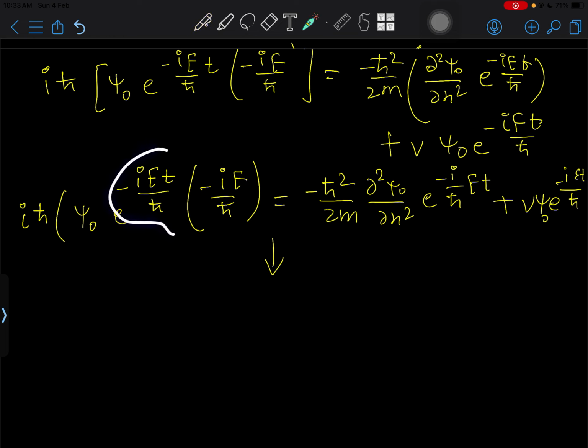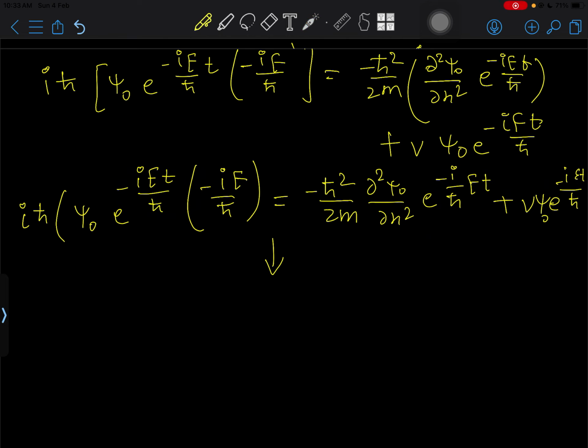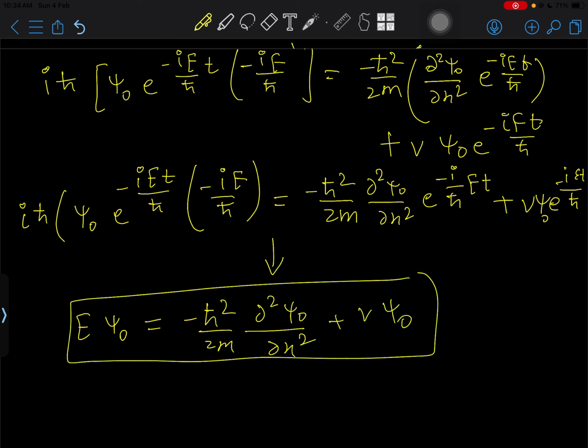This factor and this factor got cancelled out. So we get another expression, and another thing which we can cancel out is h cut here, and here we get the new expression as follows. So E psi naught is equal to minus h cut square upon twice m del square psi naught upon del x square plus V psi naught. So this is the particular expression which we have got.